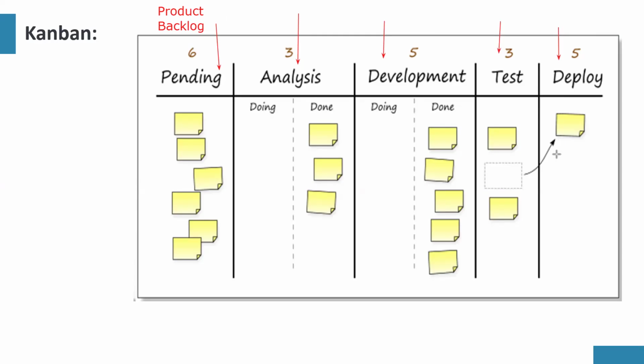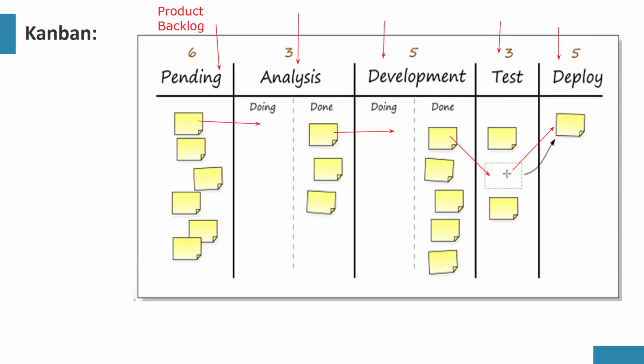Now, let's look at how it works. As one item is being deployed, notice that the capacity we have is 3 per time. So this has gone, then we pull this. If we pull this, that means there are 4 items left. Then we can pull this here, and if we can pull this here, we can pull this.